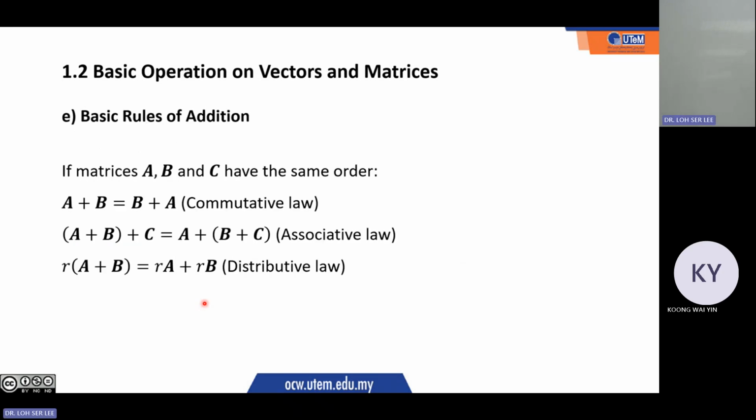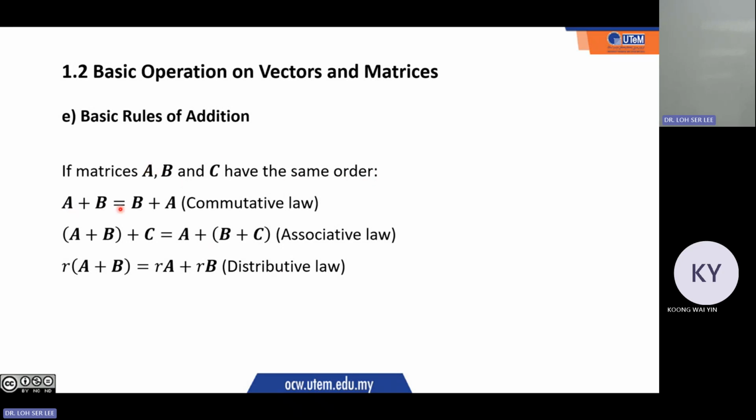Okay, next one, basic rules of addition. Matrix addition satisfies these three laws: commutative, associative, and distributive. Let's say A, B, C have the same order.